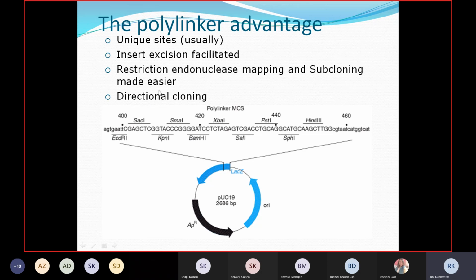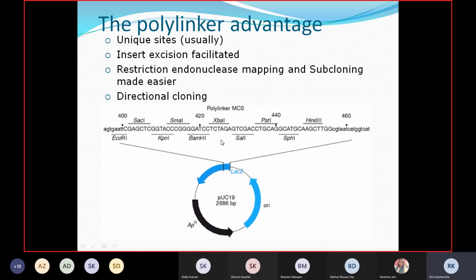Second, you can maintain the directionality, because in the case of pBR322, you just had, let's say, the BamHI site. So you cannot go for directional cloning because only one site is there. But here you can definitely clone, let's say, in SmaI and PstI or XbaI and SalI, and so many options are there. So you're not limited as a user.